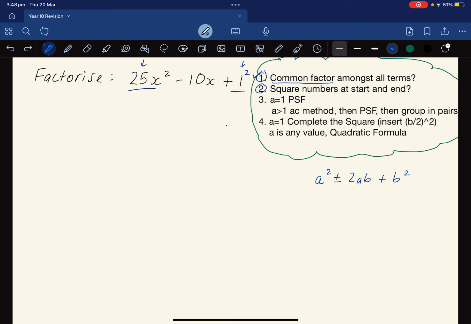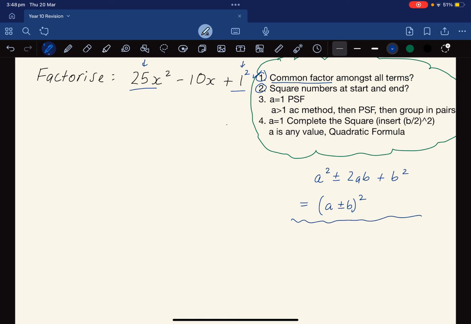And we know that this factorizes to (a plus or minus b) squared. Don't get it confused with this one, (a plus b)(a take b), which in expanded form is a squared take b squared. They're different things, so make sure that clicks.